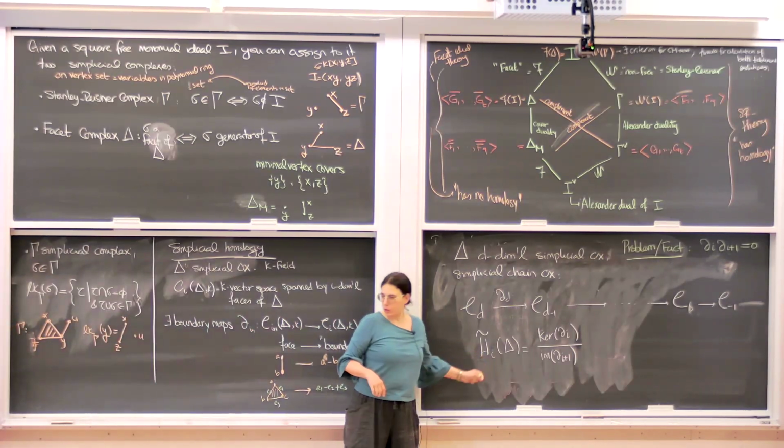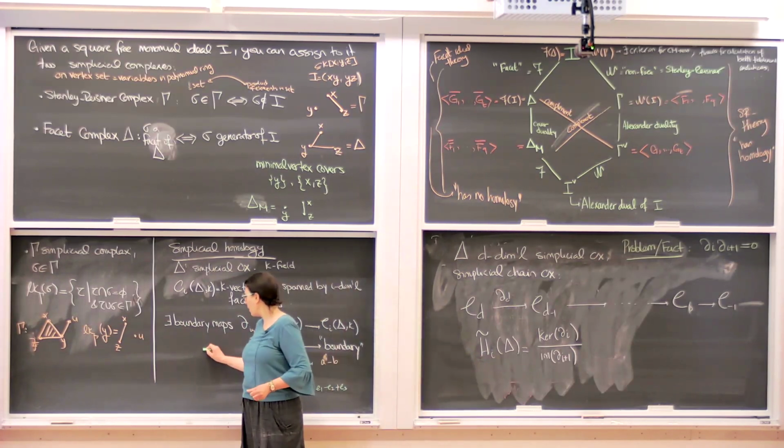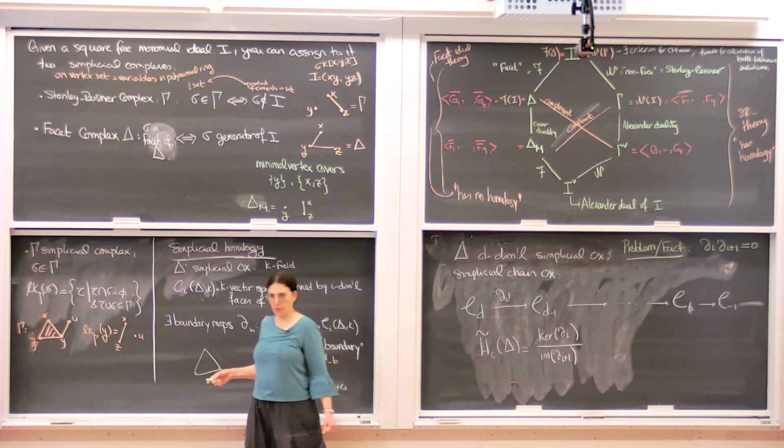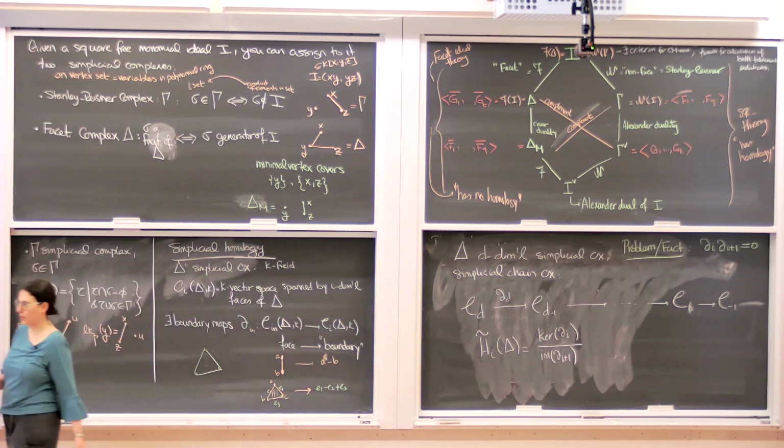So that's your homology, and it basically keeps track of holes. So it tells you when you have a triangle that is not filled, or a tetrahedron that is not filled. So we'll talk about that more.